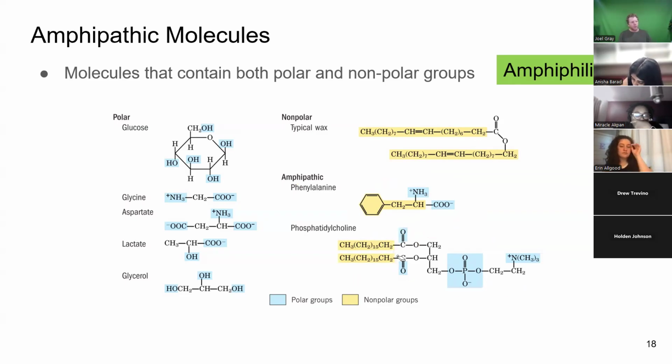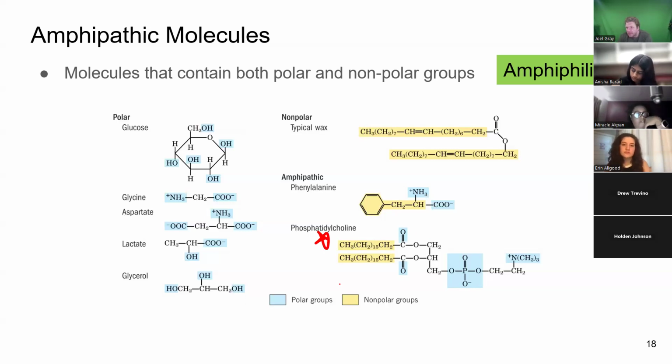Now, there's a point when it comes to classifying these and how they are going to interact. Well, they're capable of interacting with polar and nonpolar partners, but it's important to think about this molecule right here, phosphatidylcholine.